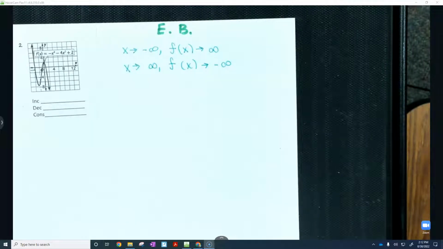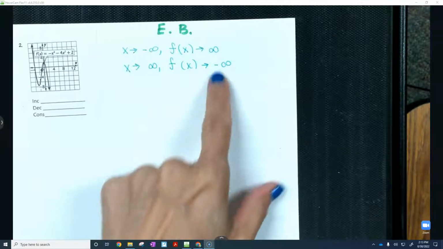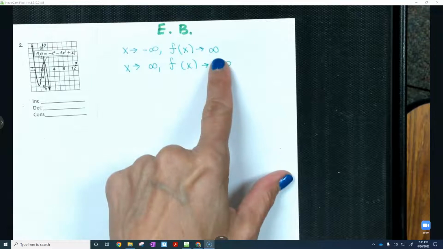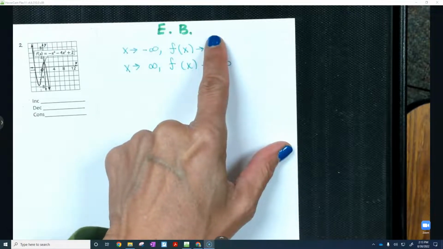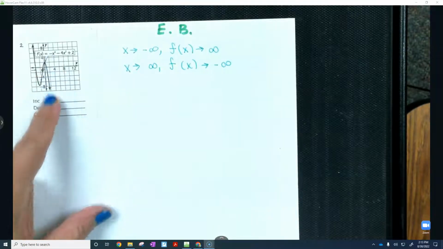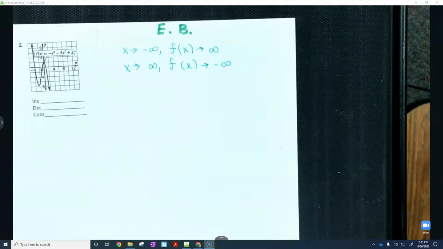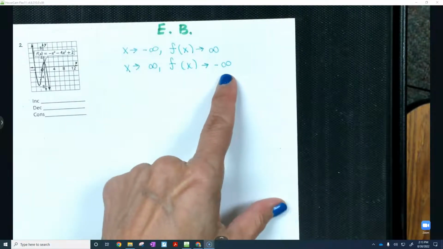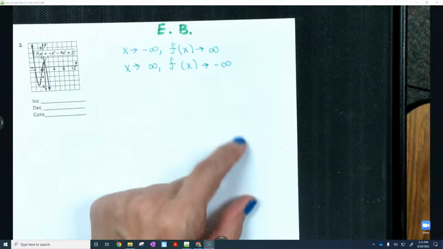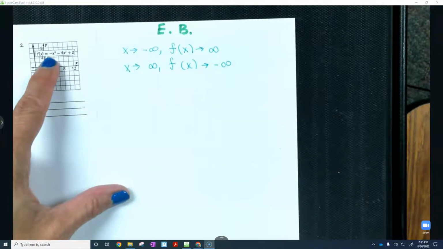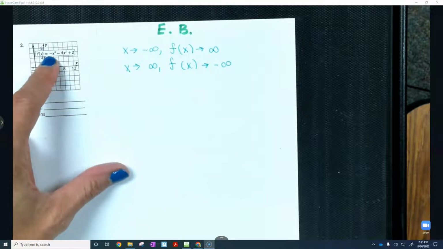All right, so please remember, look over here. Are these the same sign or are they opposite signs? Of course they're opposite. What is the highest exponent? 3. Is 3 odd or even? Odd exponents, opposite in behavior. Also, the graph is down on the right, which makes sense because it is a leading negative coefficient.